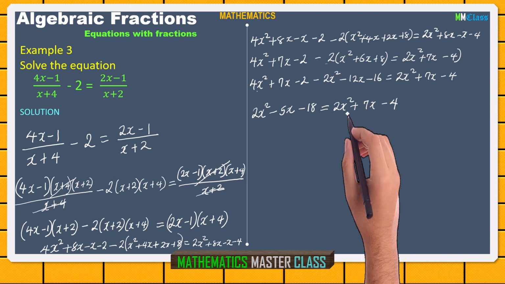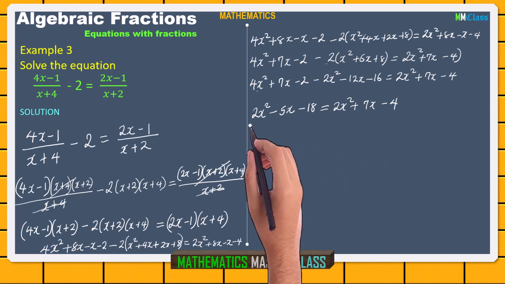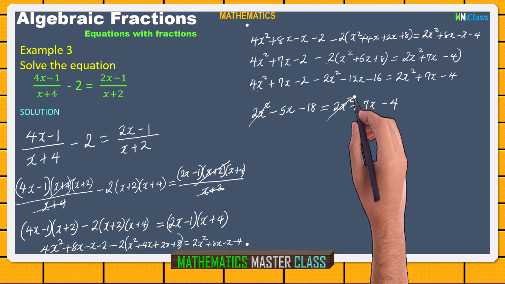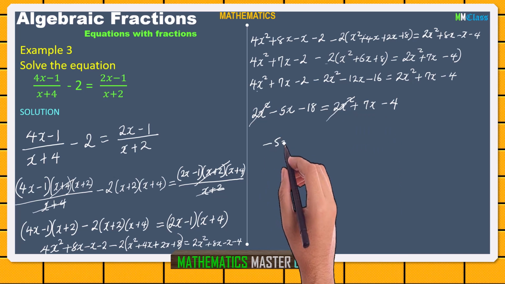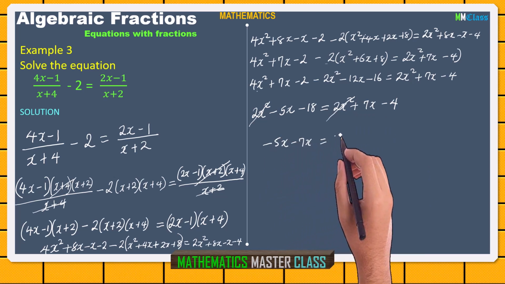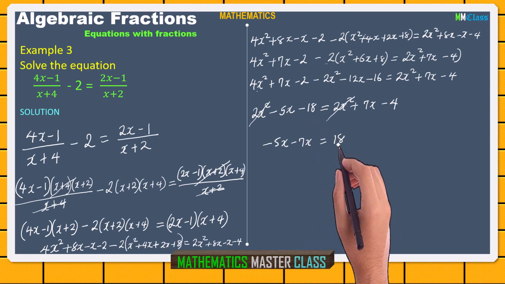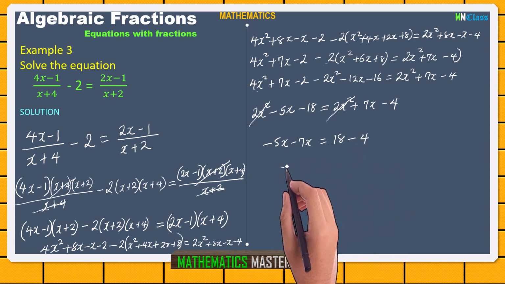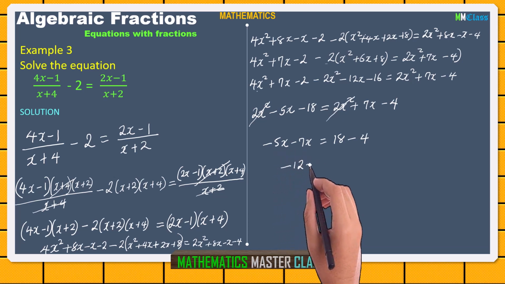So it is still time for us to collect the like terms. Now, this 2x squared cancels out this. So we are left with minus 5x minus 7x is equal to 18, that is, if you move this 18 to this side of the equation to turn to plus, minus 4. So this will still give us minus 12. That is, minus 5x minus 7x will give us minus 12x.